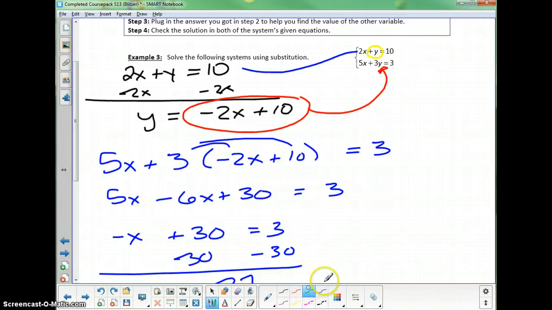Now that I know what x is equal to, we need to find y. To find y, we can use any of the original equations or even the one that we made over here. The one that I made already has y solved for, so that will be the most convenient one to use. So I'm going to use y equals negative 2 times 27 plus 10.